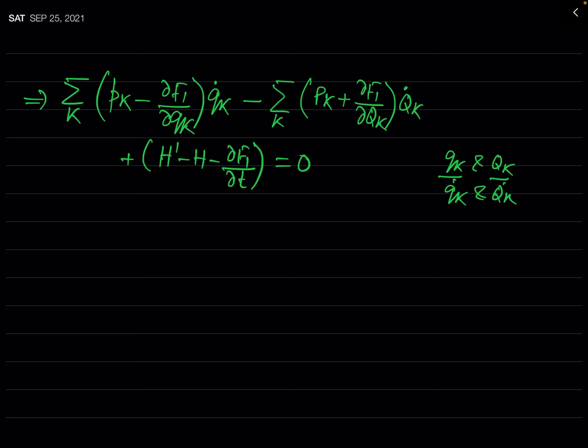So in this condition, this identity will hold only when the coefficients of this small qk dot and the capital Qk dot are separately 0. Only then this equation will hold. So you can say that qk dot and capital Qk dot are independent variables.